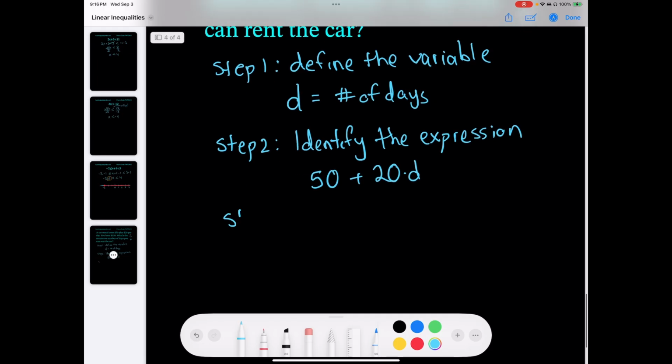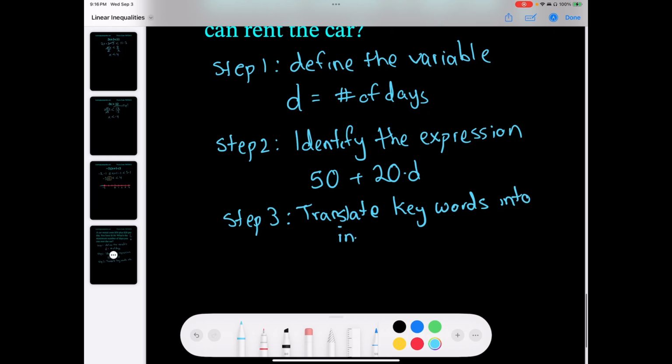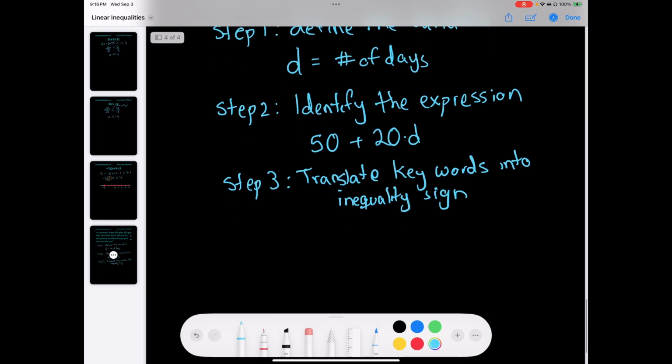Now, the final step, we're going to translate keywords into inequality sign. So they use the phrase is at most $150.